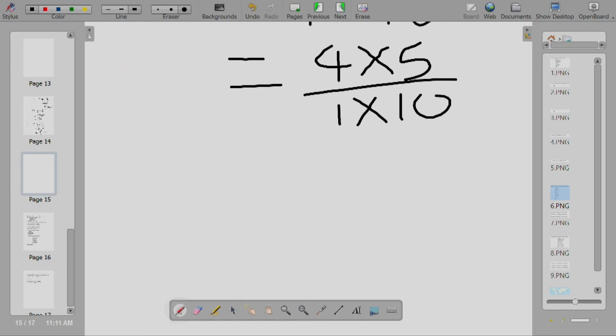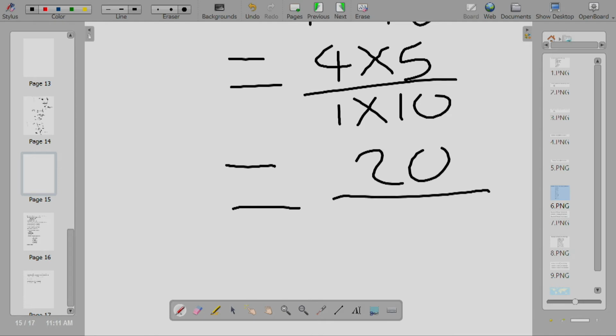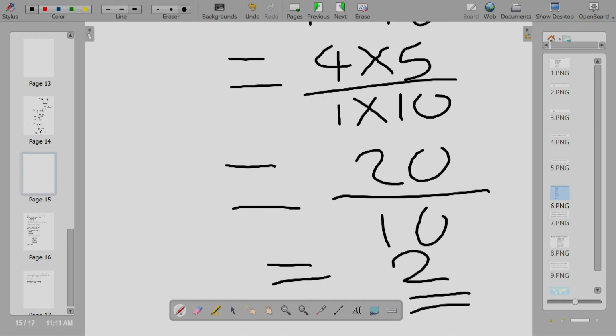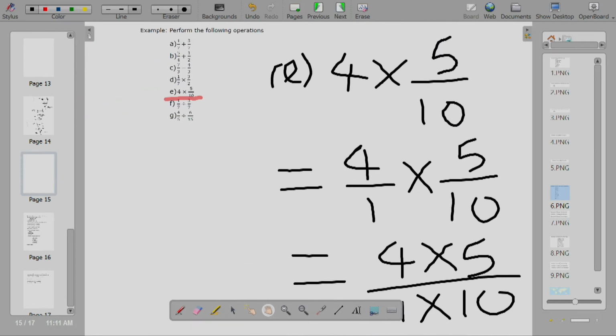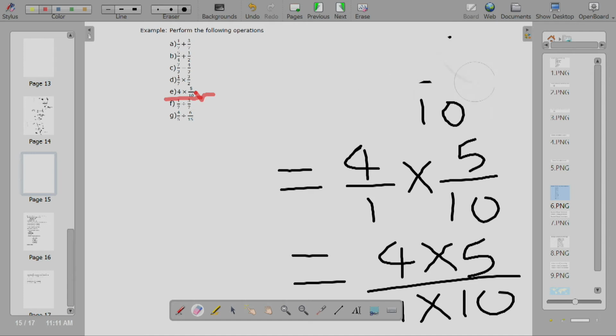If you multiply 4 times 5, it equals 20, and 1 times 10 equals 10. If you divide 20 by 10, the answer will be equal to 2. So if you multiply 4 by 5 over 10, the answer will be equal to 2.